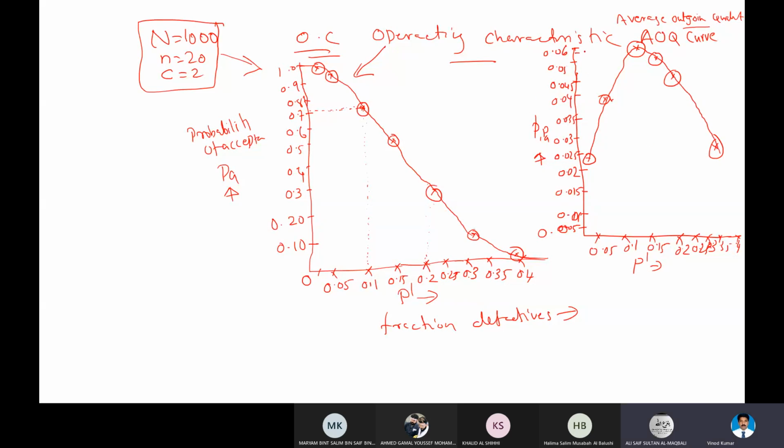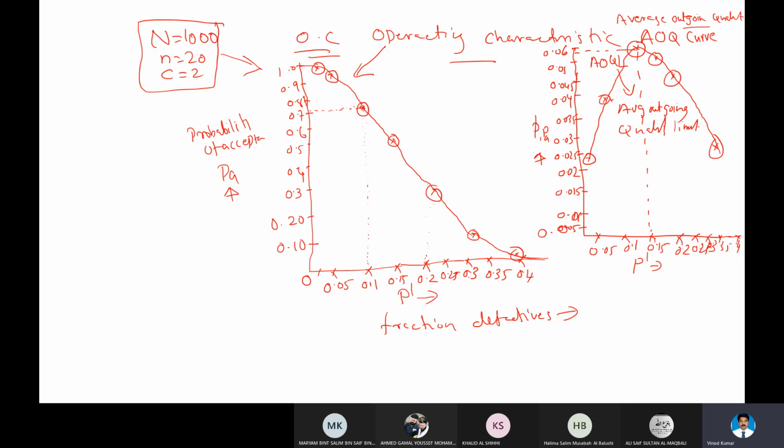The maximum value of this curve, we call it as AOQL, average outgoing quality limit. The maximum you can get: if you draw a vertical here, you will get a value here.